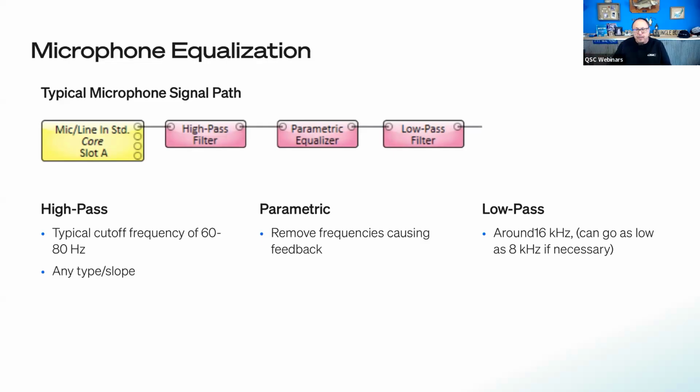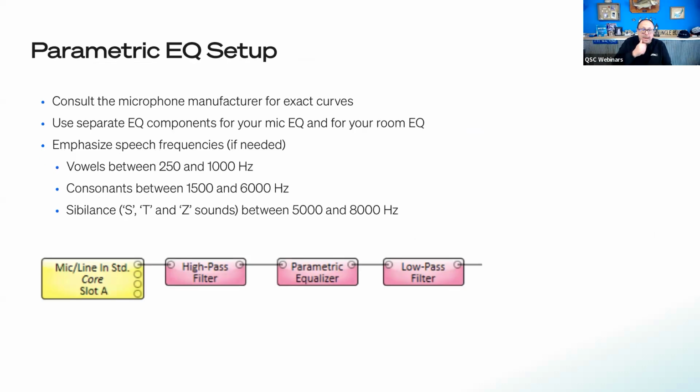We'll talk about that. But if you don't have 15 dB of signal to noise ratio, you may be able to roll off some of the unwanted noise on the low end to address that. So there are some things we can do after that. Low pass around 16K, but you could go as low as 8K, and we'll talk about why. So for the parametric EQ, you can consult the microphone manufacturer for your exact curves.